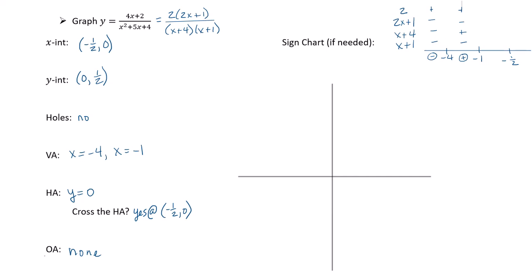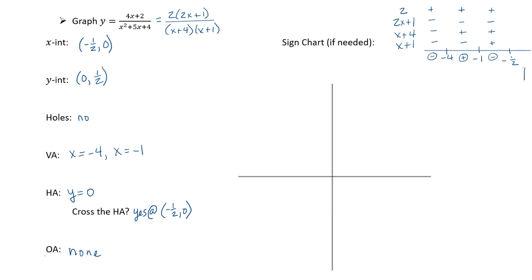Let's try a -3/4. 2 is always positive. 2 times -3/4 is -3/2. -3/2 plus 1 is still negative. -3/4 plus 4 is positive. -3/4 plus 1 is positive. And we have an odd number of negative signs, so this interval is negative.